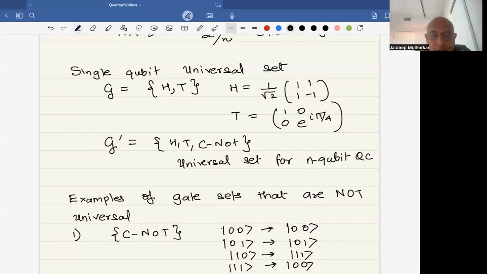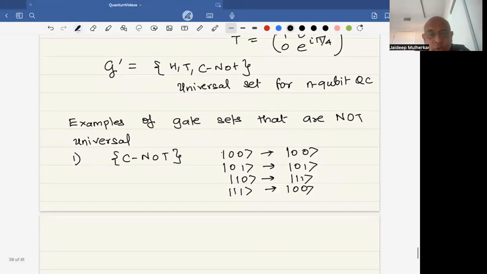So notice that it doesn't create any superpositions. The reason that the C-NOT gate is not a universal set is because it does not create superpositions.